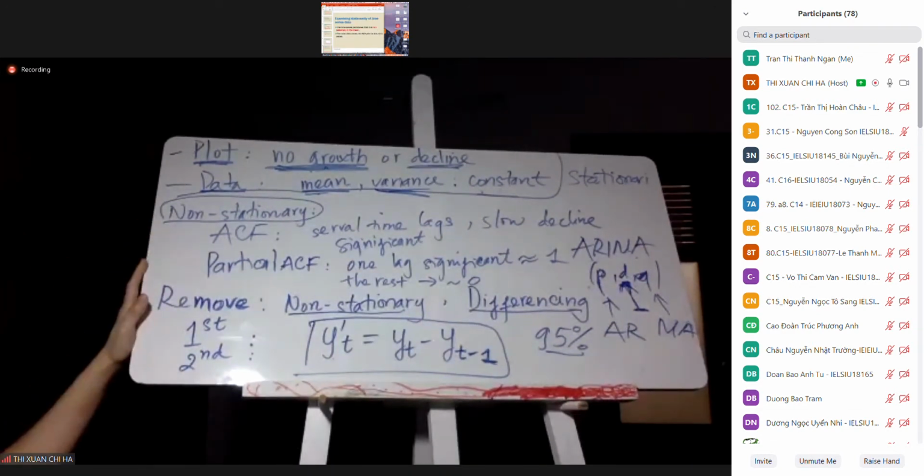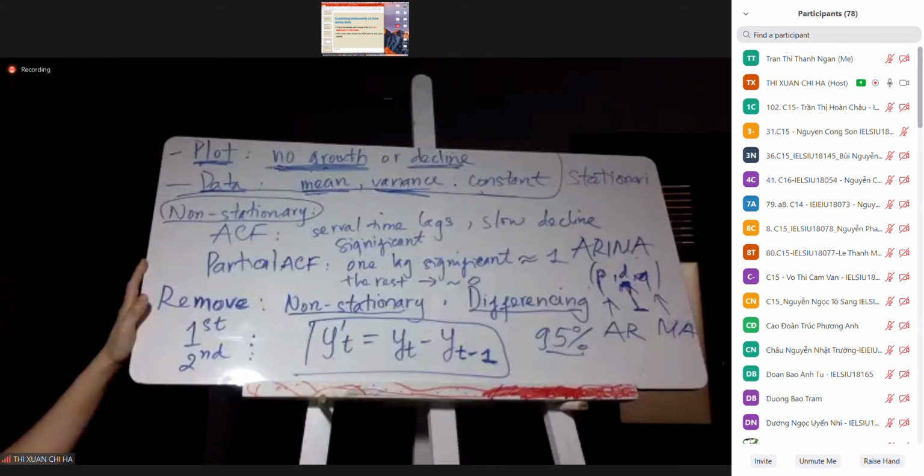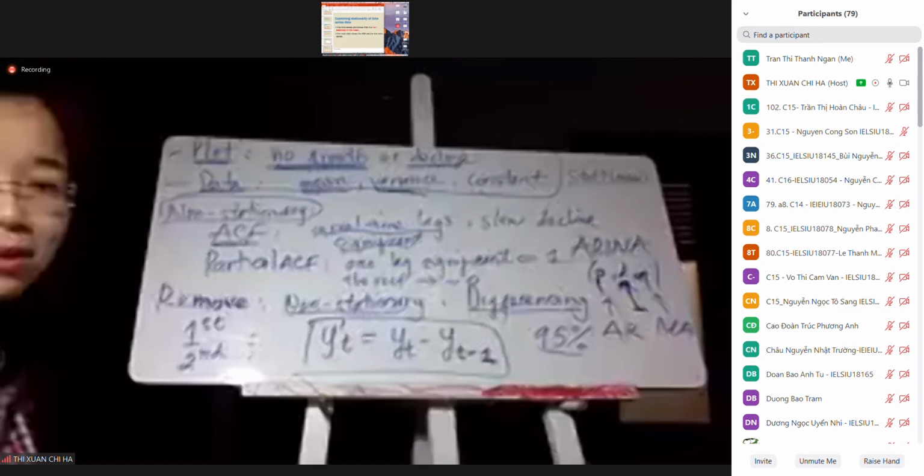For non-stationary, we also look at the ACF: bigger and slow decay, with several significant lags.